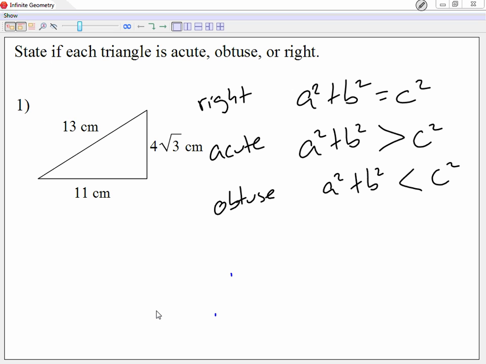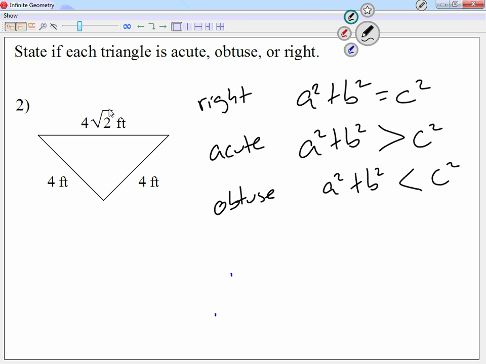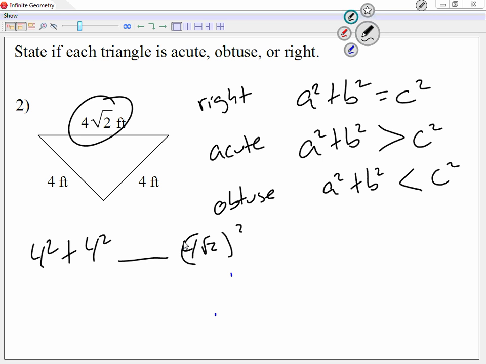Let's take a look at question number 2. The biggest side is 4 radical 2, so that's my c. So I'm going to go 4 squared plus 4 squared, and I'm going to leave it blank, 4 radical 2 all squared. How much is 4 squared? 16. How much is 4 squared?